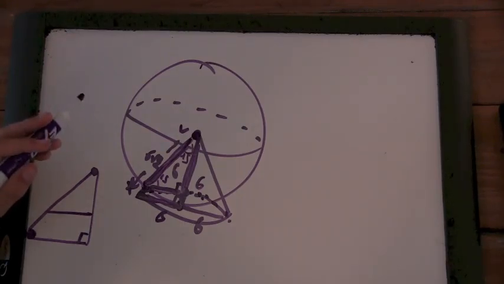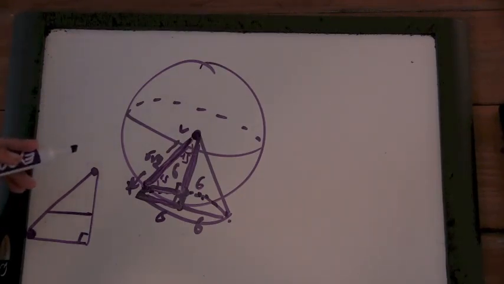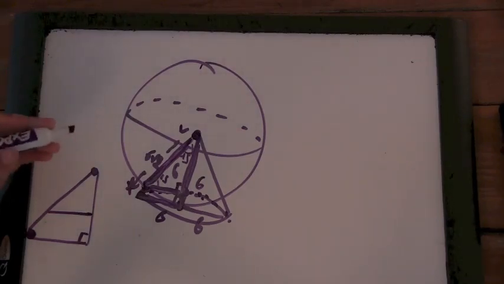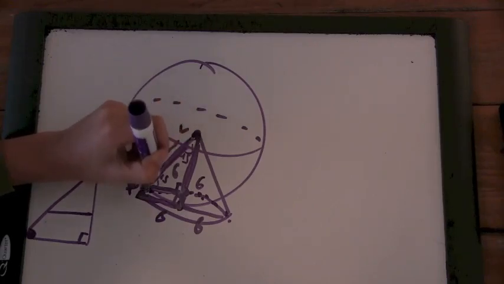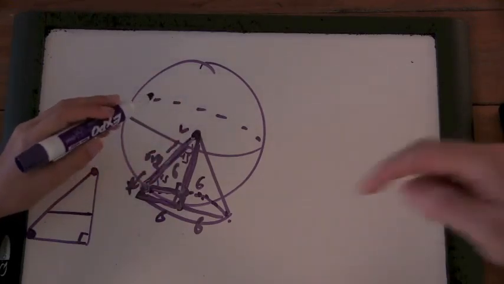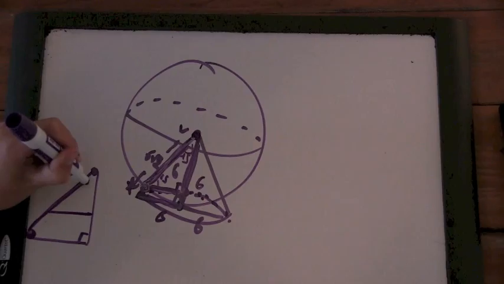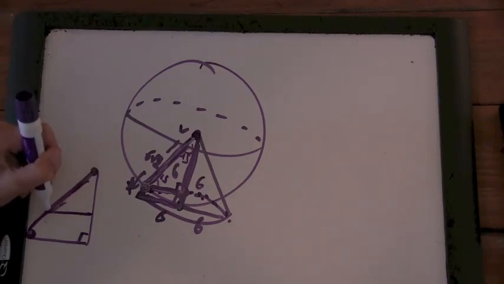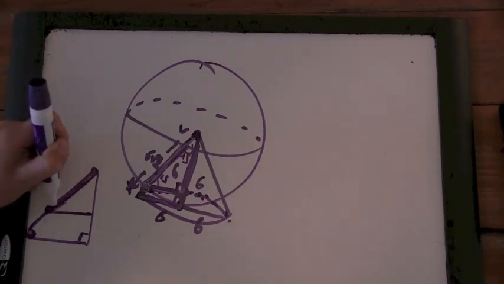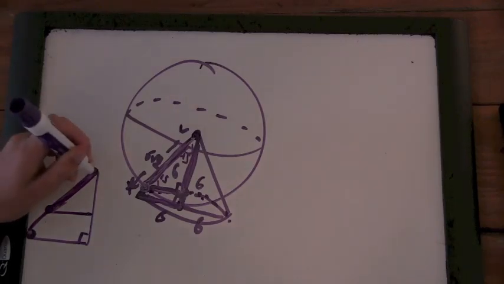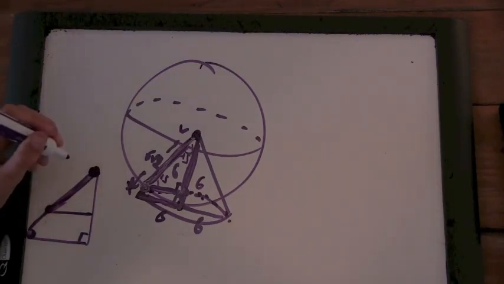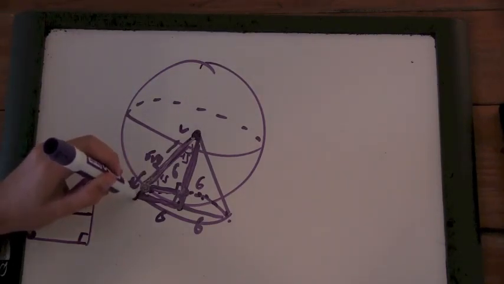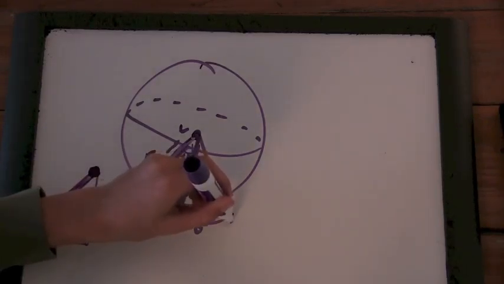So go through that argument again. How do you know that? What makes you think that side length is 6, and which one is it in your picture? It's this hypotenuse from here to here. So what makes you think that's 6? Well, I think it's 6 because this is the center of the sphere, and I think these points are outside the sphere.